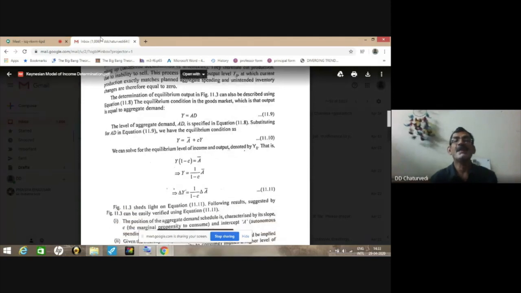This can further be expanded to get the result that delta Y is equal to the reciprocal of 1 minus C multiplied by delta A bar. This equation will be used in the next subsection on multiplier.